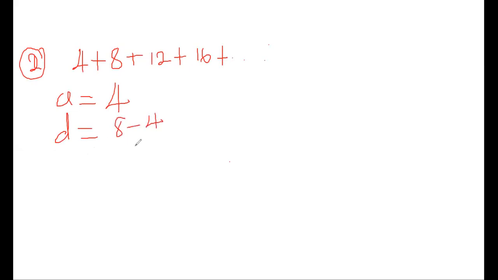Or somebody can say it is 12 minus 8, as long as you get any two consecutive numbers and you subtract them, they give you the same value. So our common difference will still be a 4.